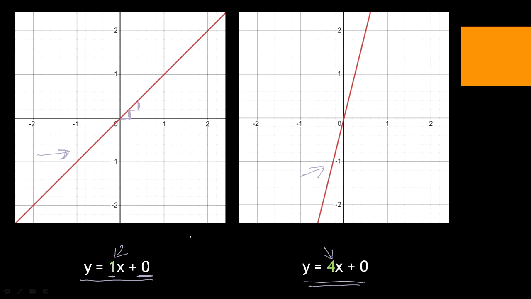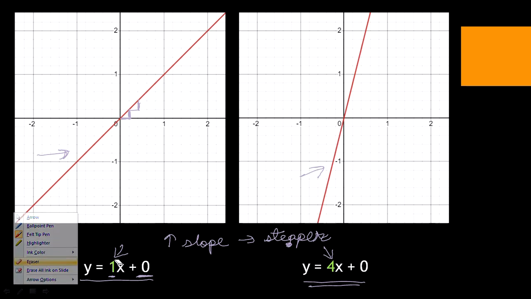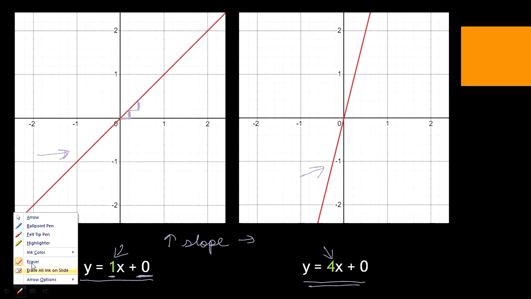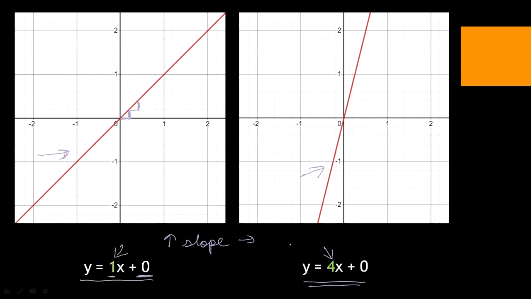So it simply means that the higher the slope, the steeper our graph becomes. I'll write that clearly. Yeah, right. Steeper. So here our slope has increased and the graph has become more steep.